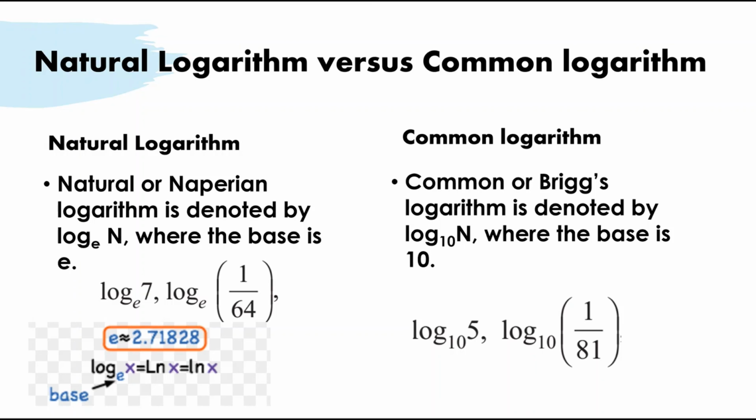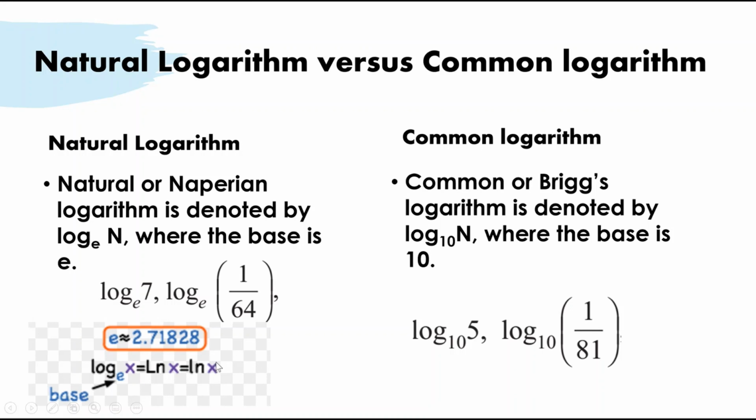Okay. Now, what is natural logarithm? Natural logarithm also has the name Napierian logarithm, and here the base is e. The e has a specific value of 2.71828 and so on, approximately. If the base is e, log with base e, we can also write it in ln format.